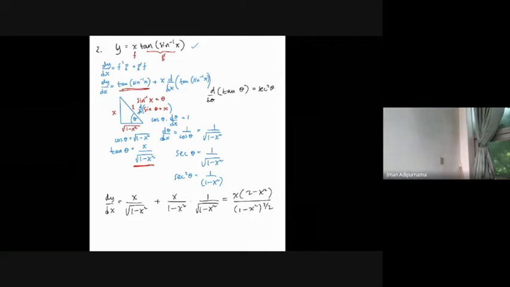Okay, you get it? This is from the tangent, multiplied by x, and then the sine inverse, as the chain rule, will be from here.